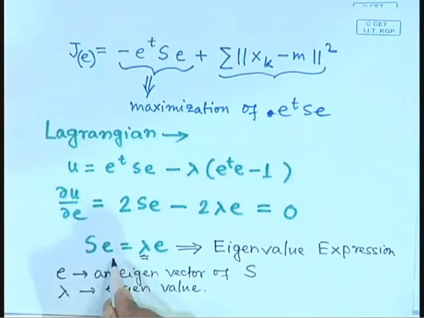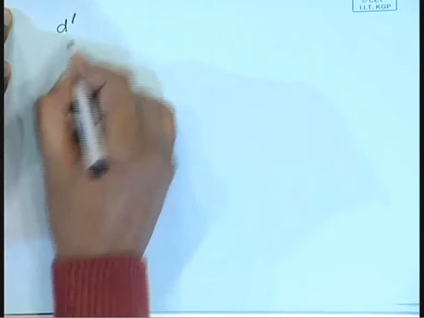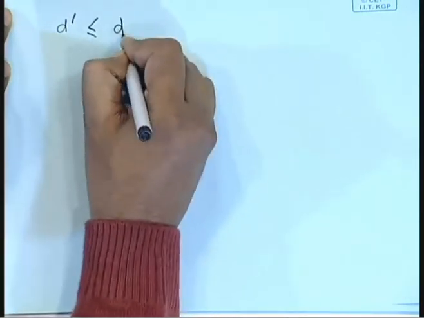Now, instead of considering only a single eigenvector, if I consider multiple eigenvectors, say d prime number of eigenvectors, where d prime is less than or equal to d, corresponding to d prime number of largest eigenvalues, okay, then take the orthogonal projection of your d dimensional feature vector onto those eigenvectors.